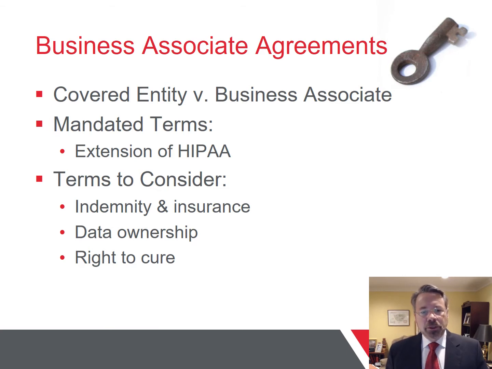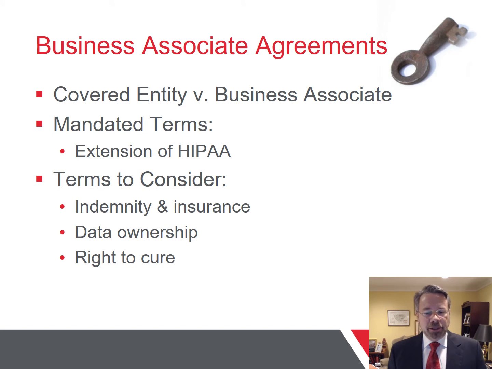There are terms that one can negotiate within a business associate agreement. One, for example, is if there is an inadvertent breach of information by the business associate, who is going to pay for the costs of cleaning up that mess, and who actually owns the data at the end of the process.